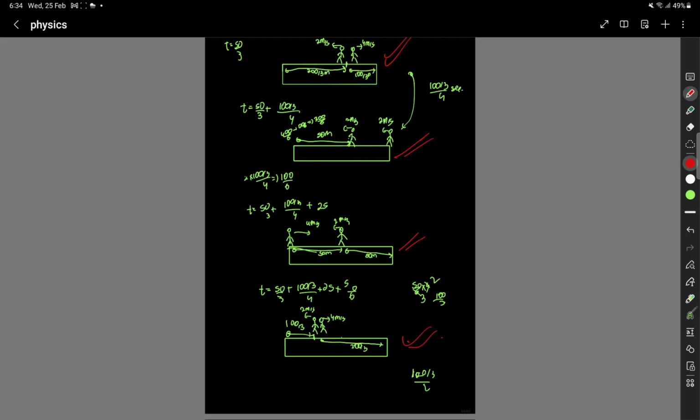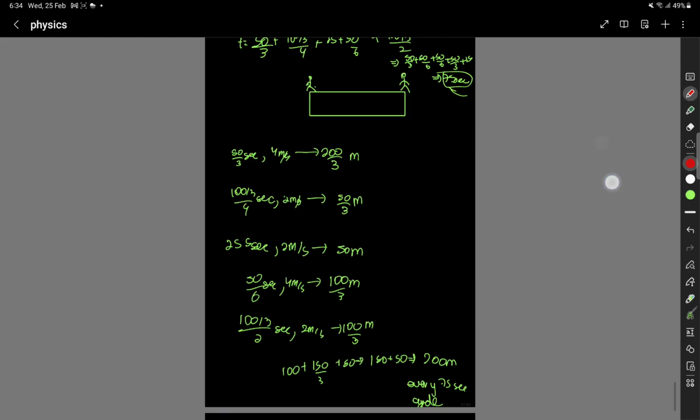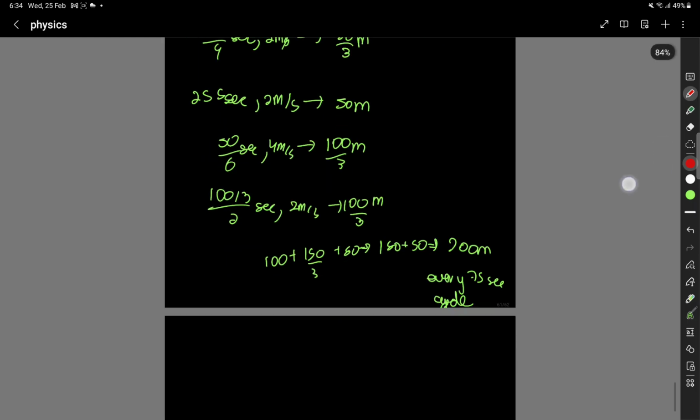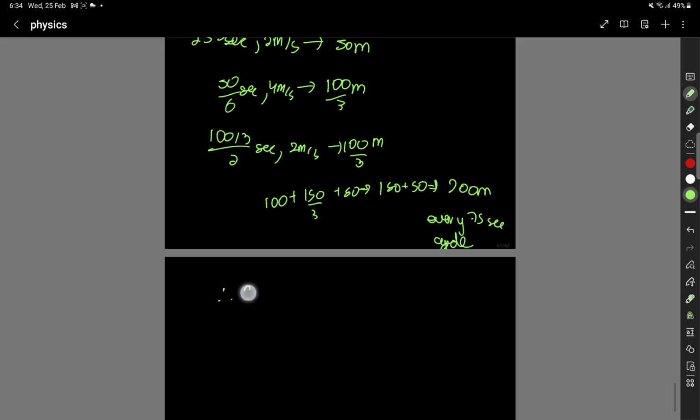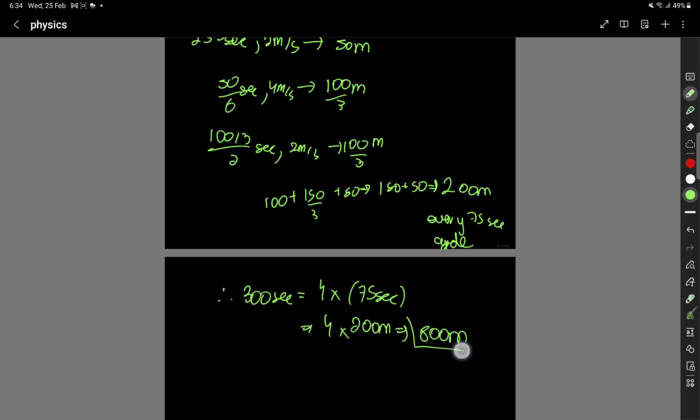If you look at it, it seems very much symmetrical. Therefore 300 seconds is equal to 4 times 75 seconds, so 4 into 200 meters, which is equal to 800 meters, and that is the answer.